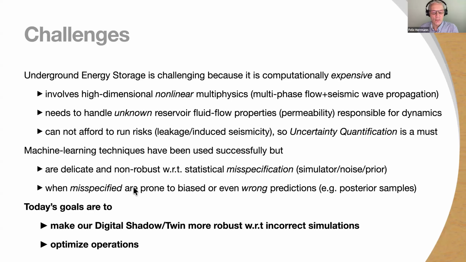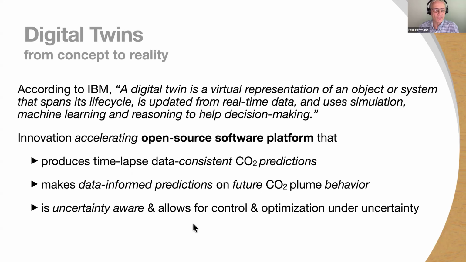And so in that way, we hope to avoid biases or even wrong predictions for the posterior samples. So today I will make our digital shadow, which I explain later what that is, into a twin, and I will make it more robust with respect to incorrect simulations. That's really the context. And then I will talk about how we can optimize operations. So I'm not going to read the definition, but I find it's one of the best definitions for digital twin.